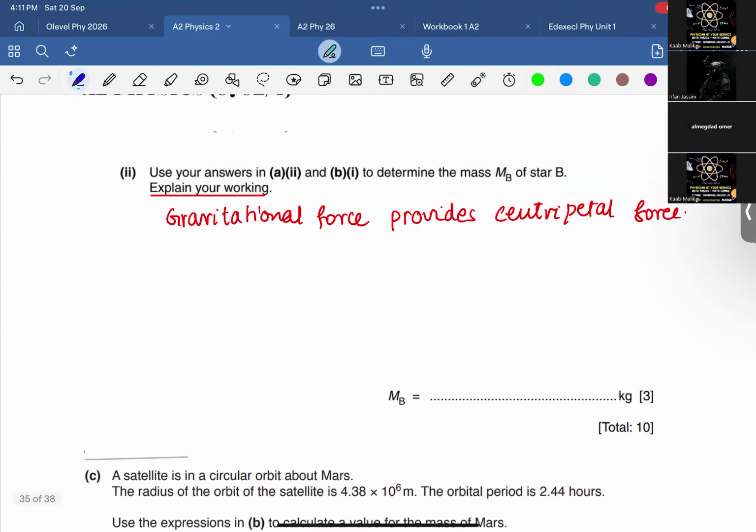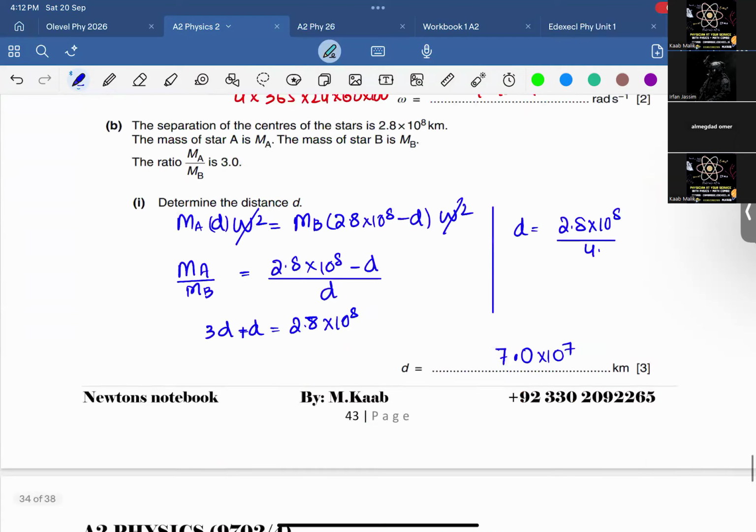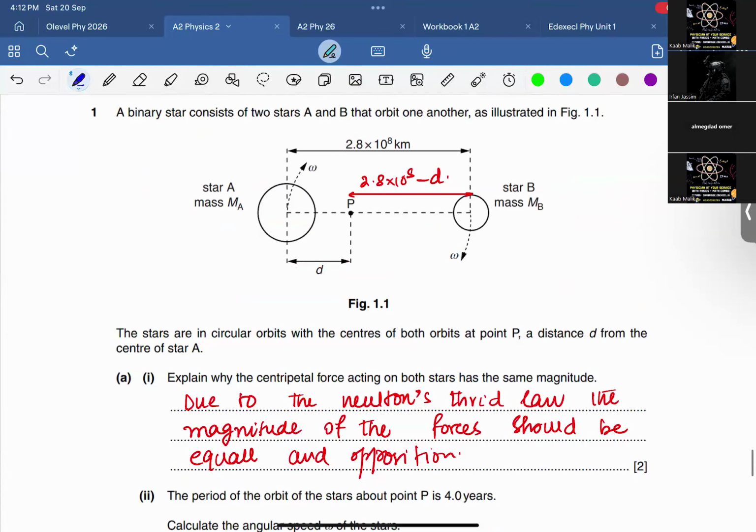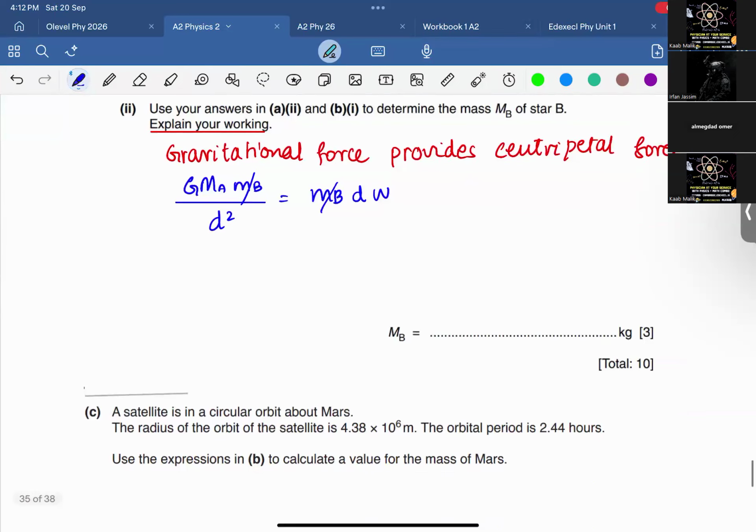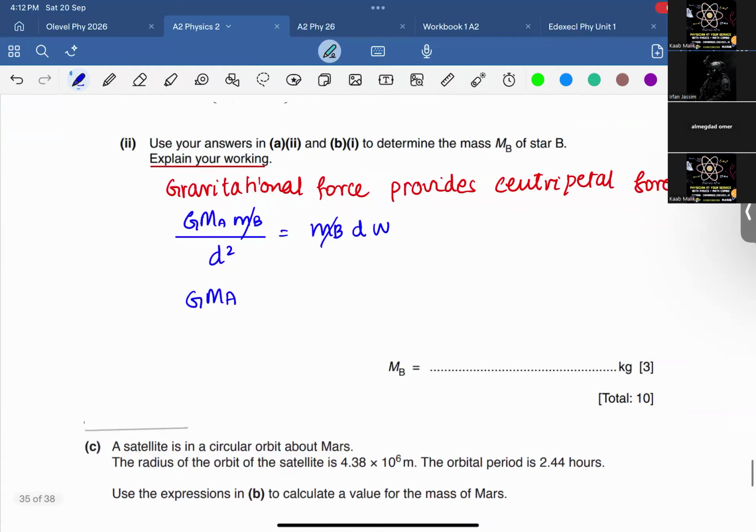Now just put in the values. G MA MB over the distance from MA to the point, which is d squared, is equal to MB times d times omega squared. So just cancel these things out, and G MA is basically equal to what? Sorry, wait.